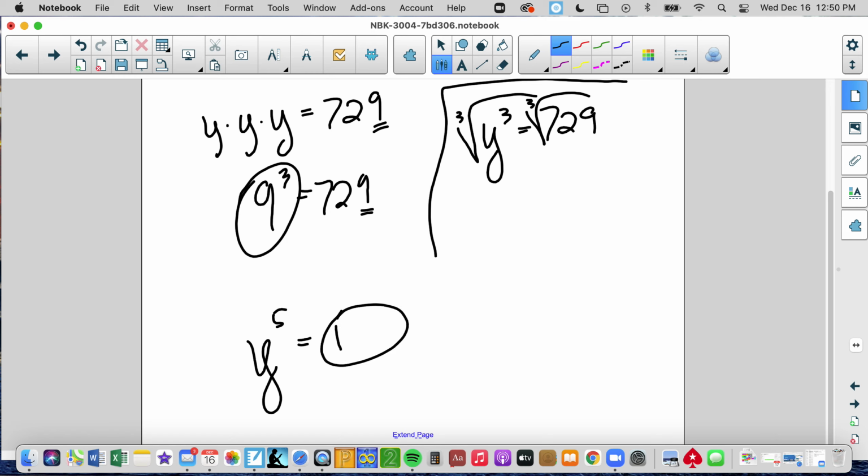Let's say 1056 or something crazy. And you wanted to find the 5th root, you could just do 1056 to the 1/5, which is equivalent to the 5th root of 1056. That might be a little too advanced, but that's one way. Two ways of looking at it.